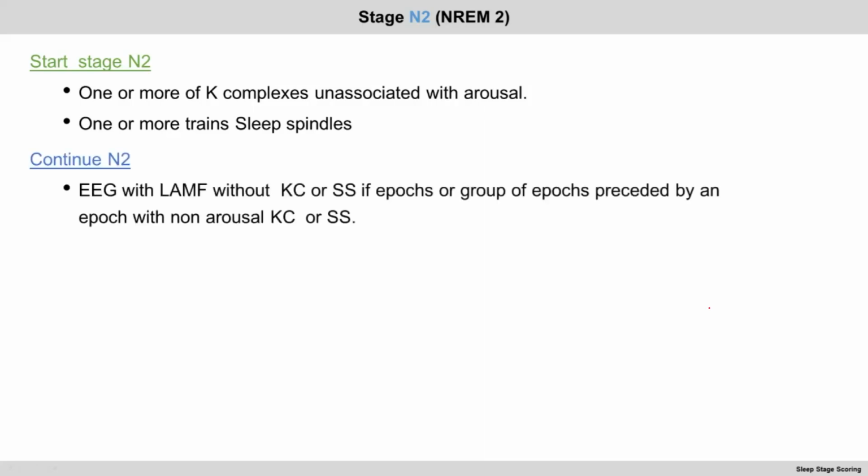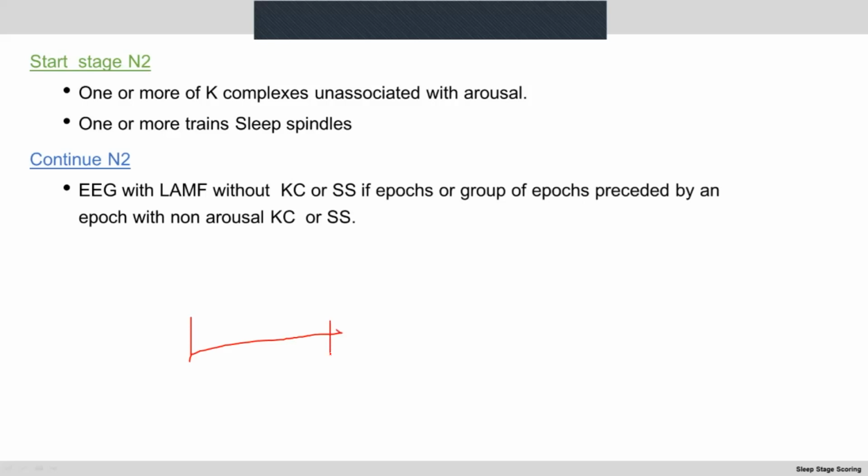Okay. So continue N2 means sometimes what happens, like suppose this is a 30-second epoch, this is again an epoch, and this is again. So K complex is there, spindle is also there. What stage do you have to mark this? There is low amplitude mixed frequency only.